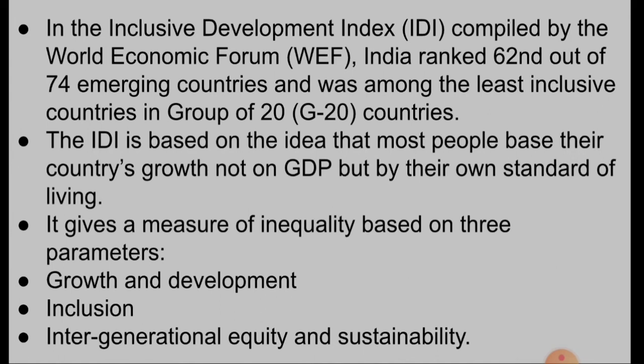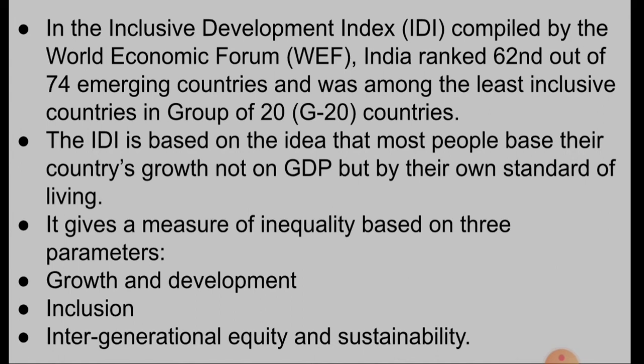So one of the main reasons is population growth and the lack of resources. So these are the things which India should focus on. Now it gives a measure of inequality based on 3 parameters: growth and development, inclusion, and intergenerational equity and sustainability. So growth and development of India is good, but inclusive growth is very less compared to other countries.